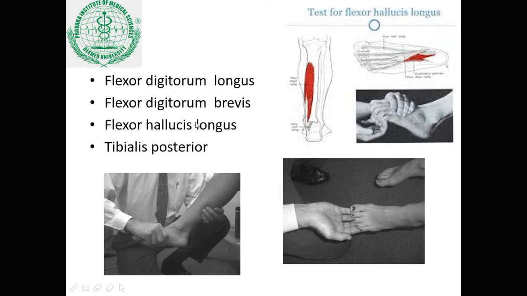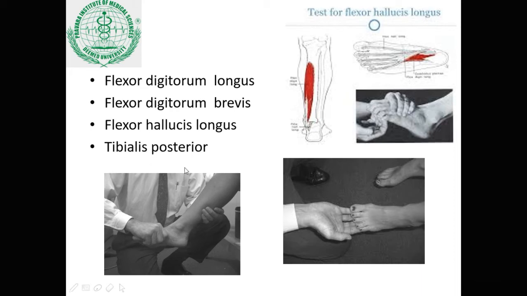Now for the flexor hallucis longus, the distal interphalangeal joint of the hallux can be tested. Now the flexor digitorum brevis will be tested by the flexion of the proximal interphalangeal joints of the second to fifth toes. So brevis is testing the proximal interphalangeal joint, while the longus is testing the distal interphalangeal joints.